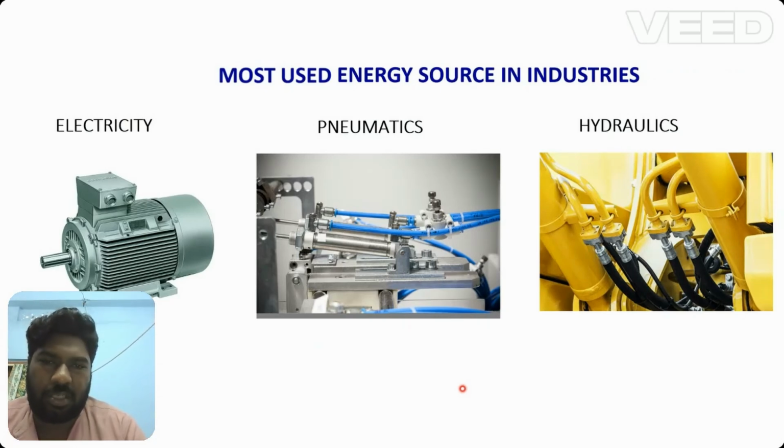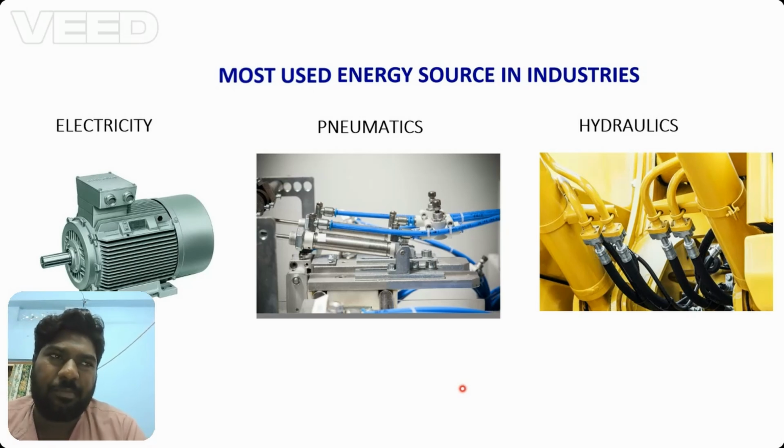The most used sources of energy in industries are electricity, pneumatics, and hydraulics. About 90% of the time we use electricity in industries, and pneumatics and hydraulics depending on the application. There are particular applications and stations where we cannot use electricity completely, and in those we use pneumatics and hydraulics.